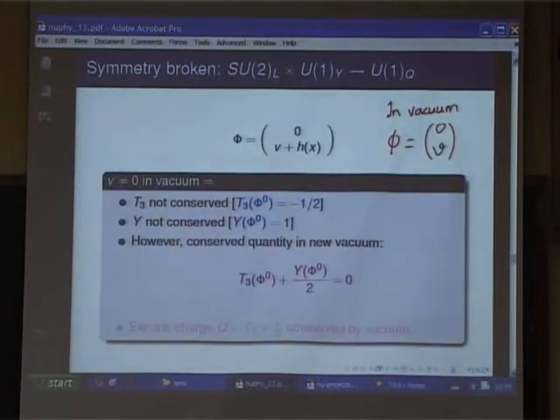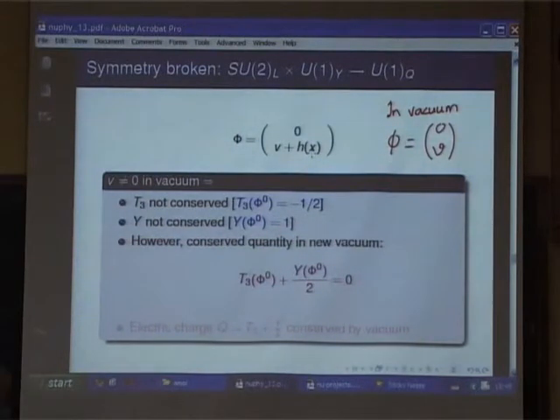Secondly, this Higgs field is an SU2 doublet. And this v is at T3 equal to minus half, sorry. And this field has Y equal to 1. So this object v, which is there throughout the vacuum, has Y equal to 1.